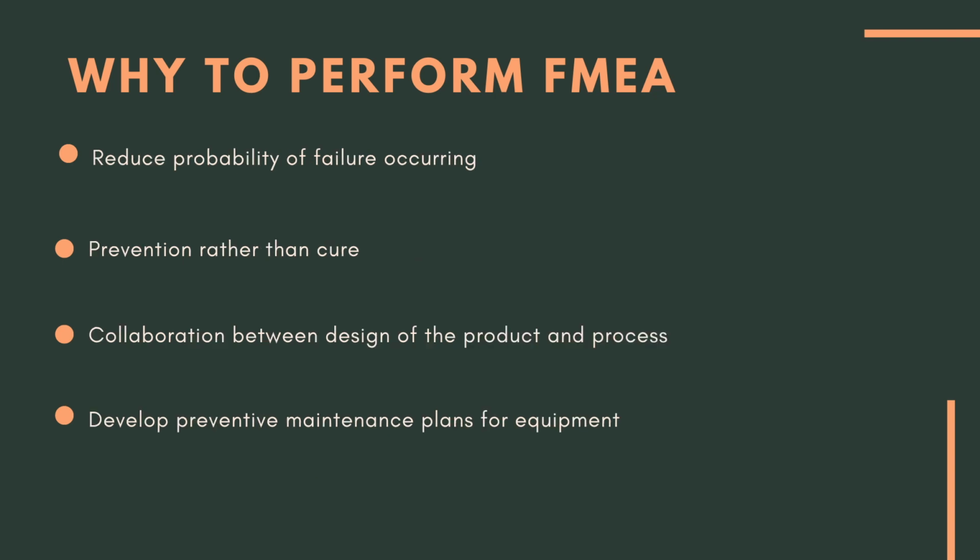Also, we benefit from reduced probability of failure occurring, prevention rather than cure. Also, collaboration between design of the product and the process, and finally, developing preventive maintenance plans for equipment.